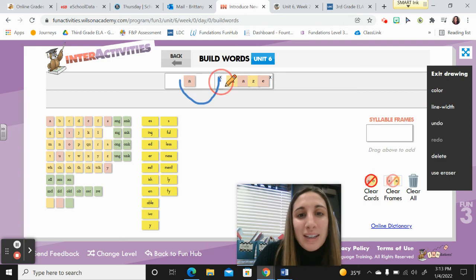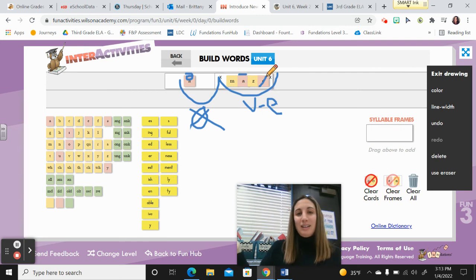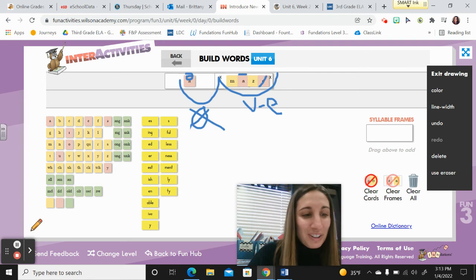Go. Scoop it. It is an open syllable exception with a schwa on top. Maze. What's the pattern? Right. Vowel, consonant, E. So I mark the long vowel with a macron and the silent E with a cross-off, and we're good to go. Amaze. Very nice work, third grade.